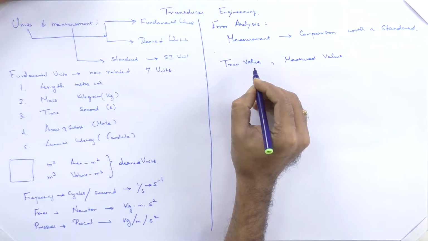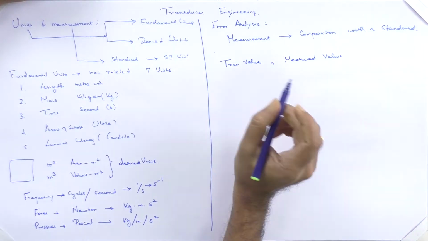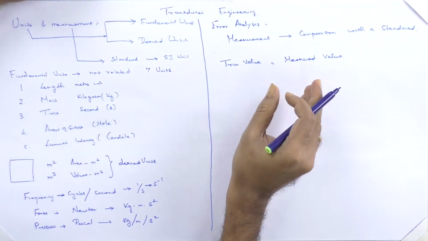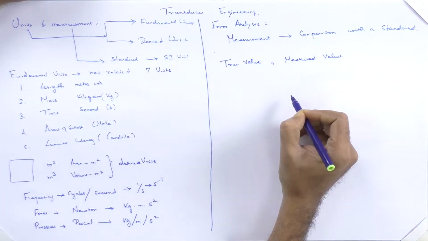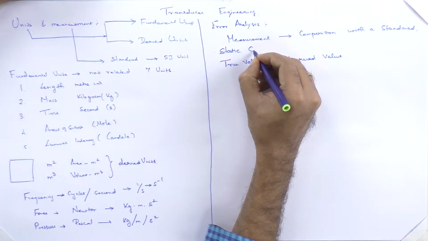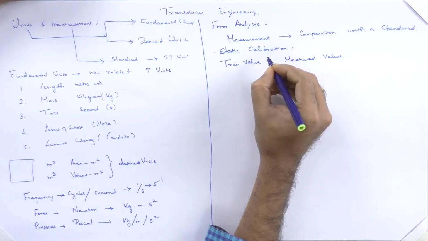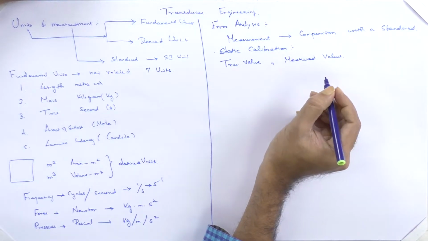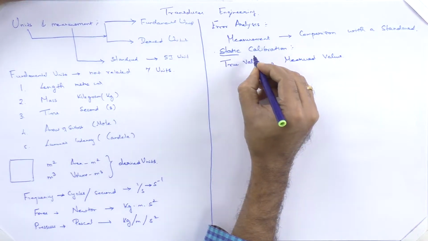Now you need to understand what is true value and measured value. This process of comparison between the true value and measured value is called static calibration. Now you are getting introduced to the most important term of instrumentation, that is calibration.